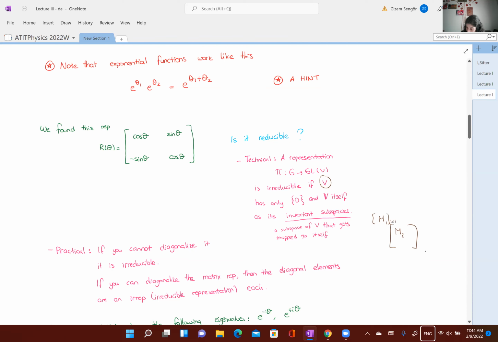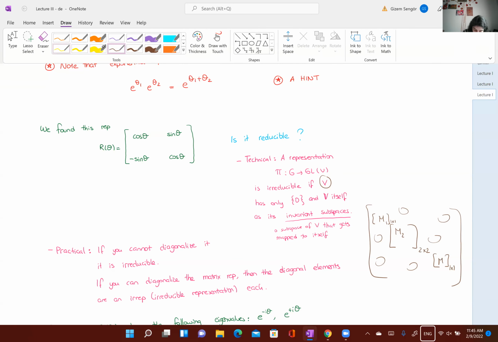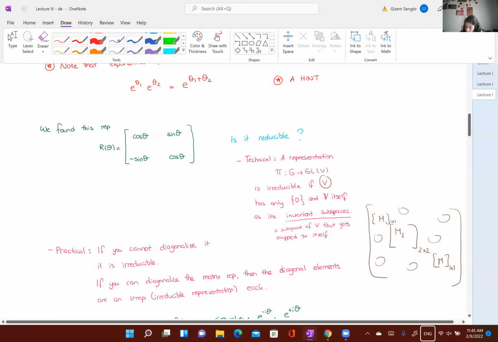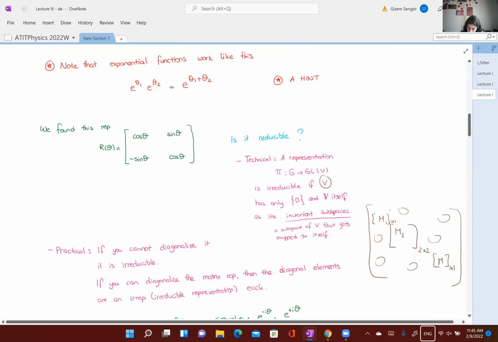This can be like 1 by 1, 2 by 2, I don't know, some other 1 by 1, so something like this, and all zeros everywhere else. If you can put a matrix in this form, this means this is composed of these smaller submatrices. This is called the tensor product.